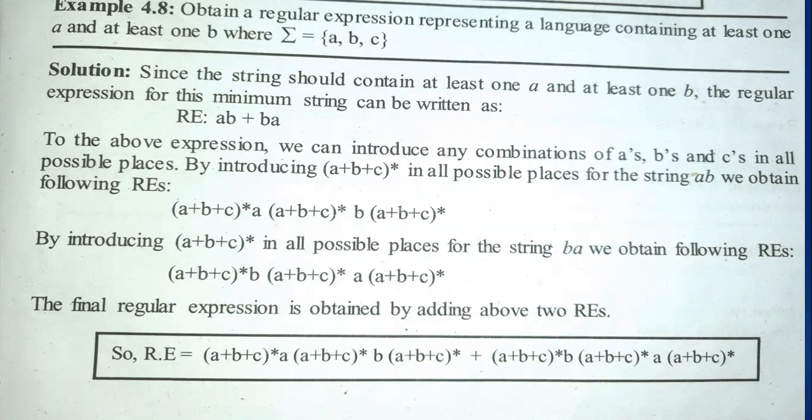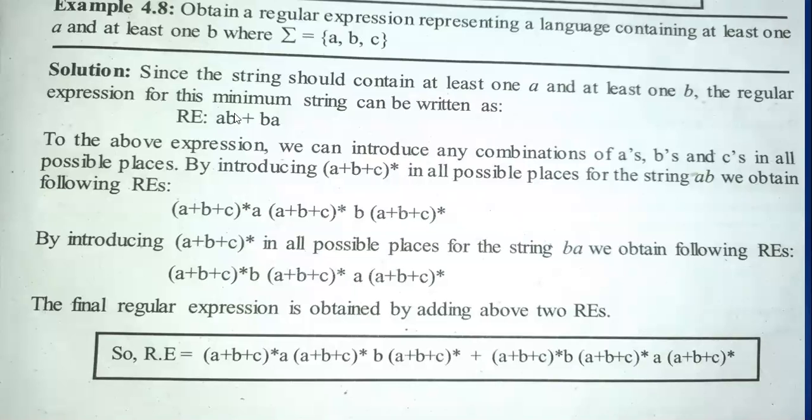So this is a possible regular expression we can design. The basic regular expression will be either AB or BA. At least one A, at least one B: one A, one B we have, or else BA. This is the first pattern, this is the second pattern exactly.